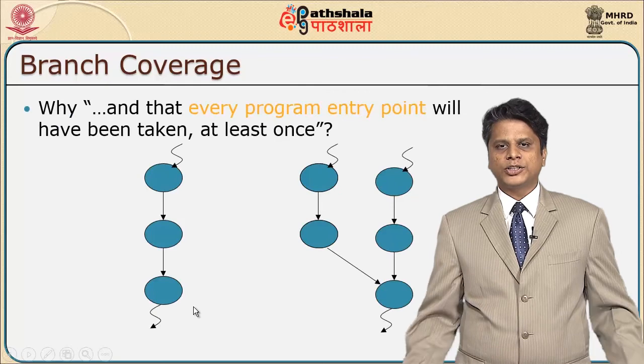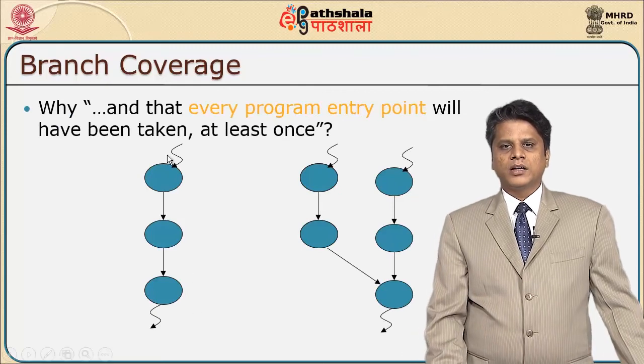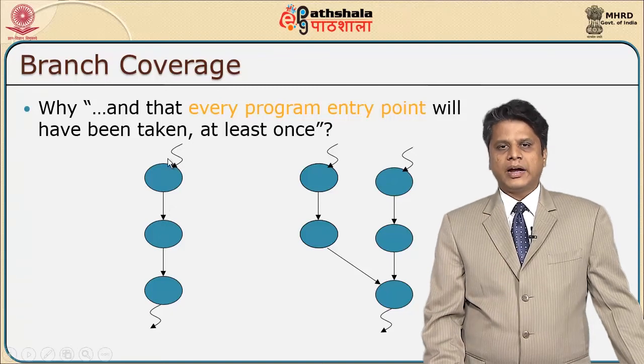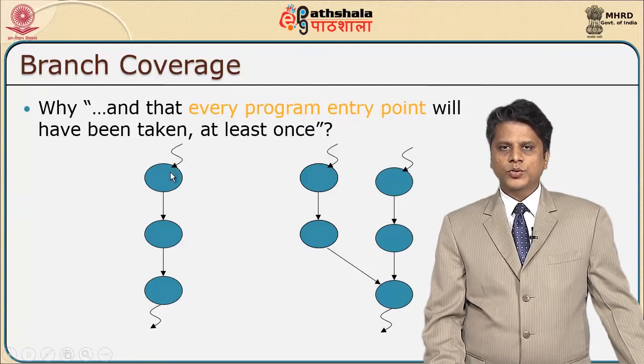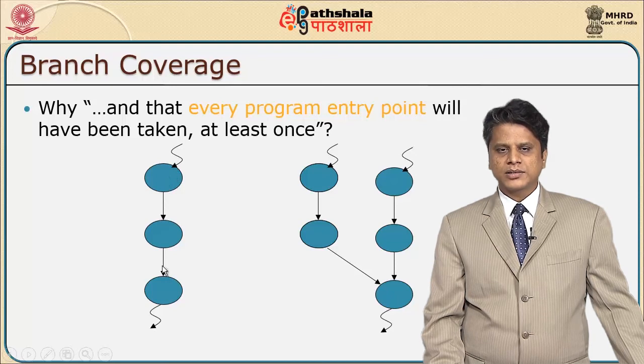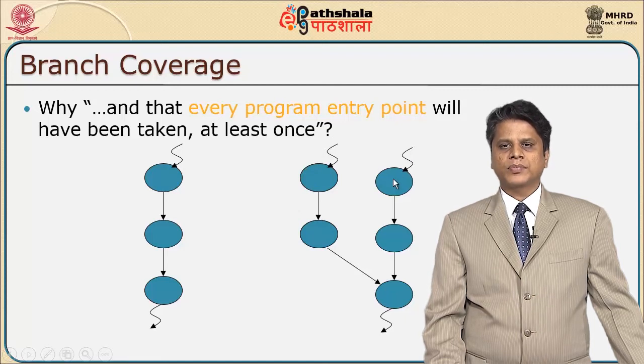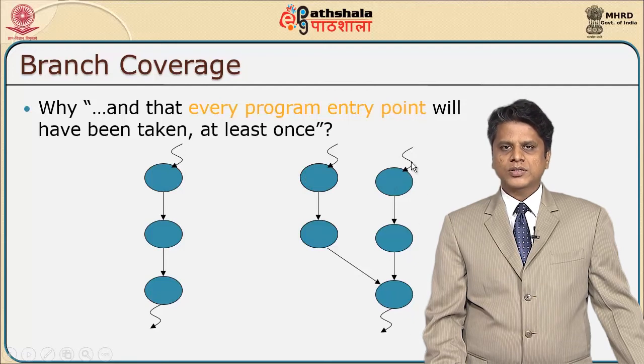With that as a question, if you have a sequential statement like this, it has an entry, it goes through this particular node, it has edges that will be checked, whereas there can be inputs from multiple sources, and although the input is different, I will get the same output.